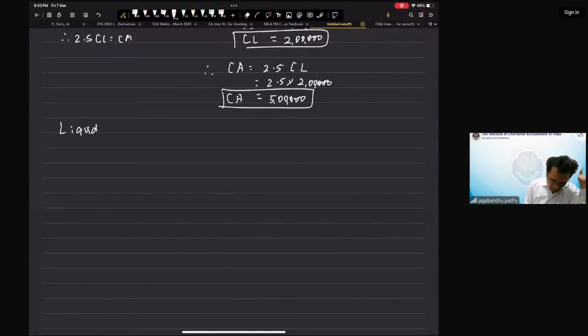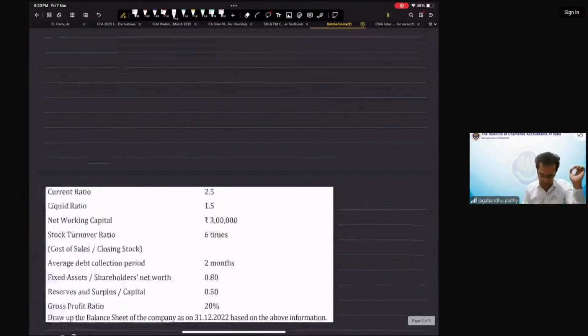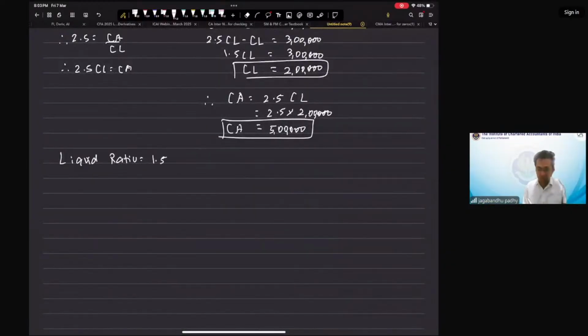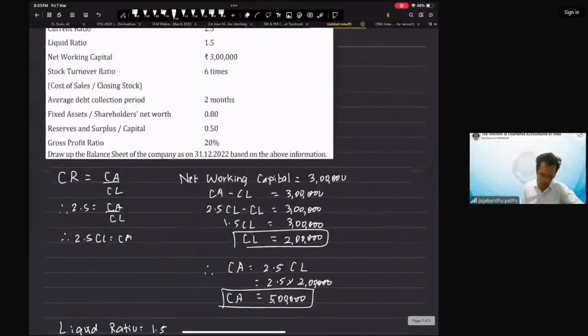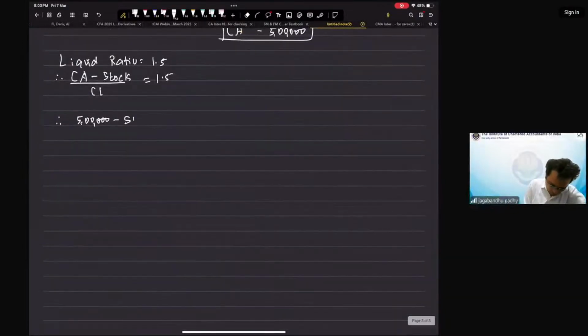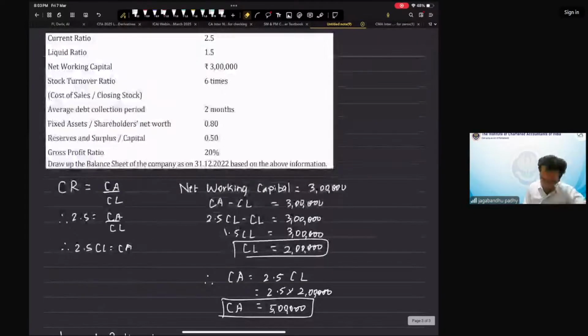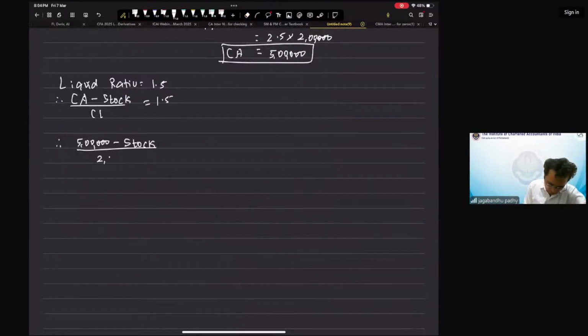Liquid ratio is 1.5. So it is current asset minus stock upon current liability is 1.5. Current asset is 5 lakh minus stock, which we don't know, upon current liability, which is 2 lakh, is 1.5.